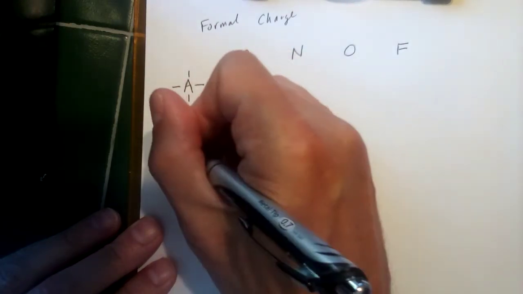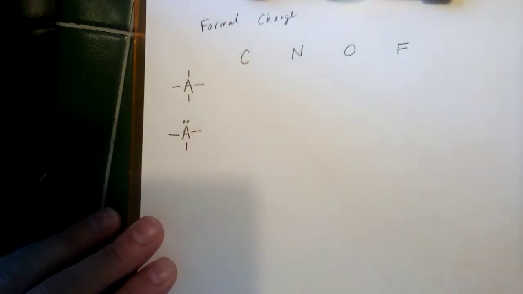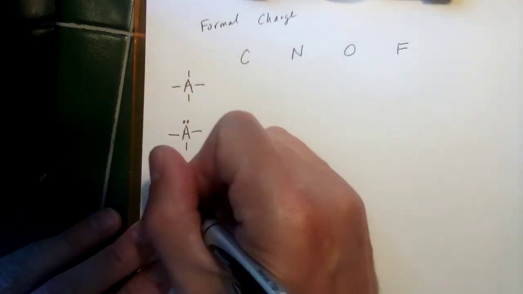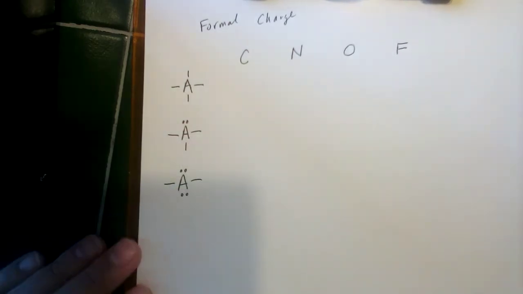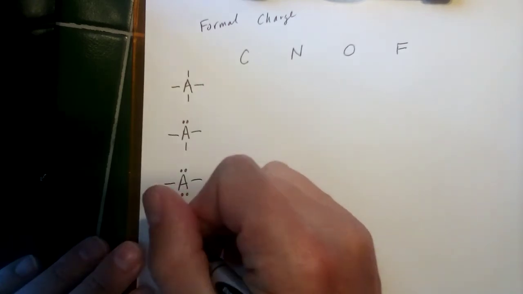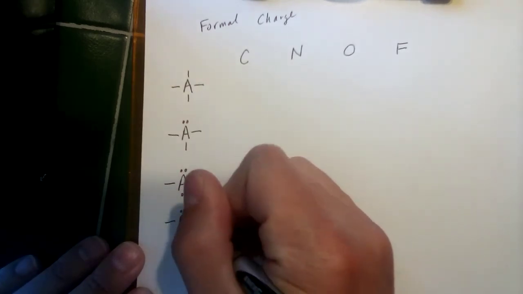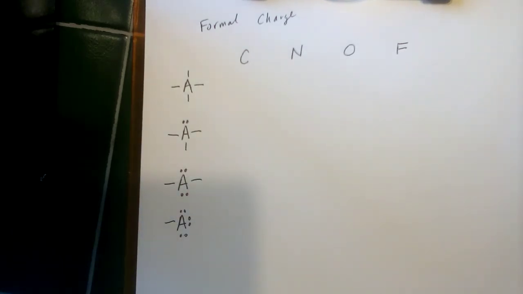Another way would be to have 3 bonds, right? And then a pair of non-bonding electrons. That would get us to 8 as well. If the atom has 2 bonds, it would need 2 sets of non-bonding electrons. And if it has 1 bond, then it would need 3 sets of 2 non-bonding electrons, or 3 lone pairs, right? And that's really it.